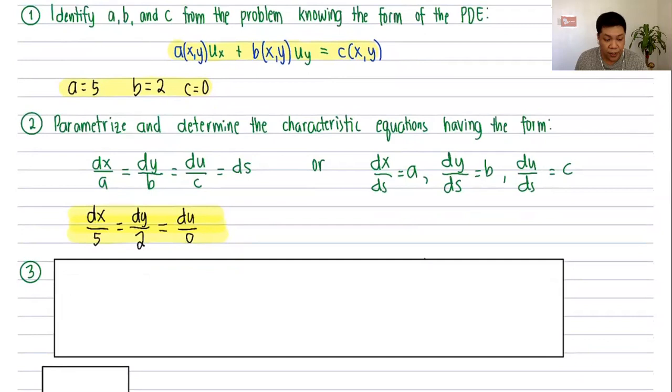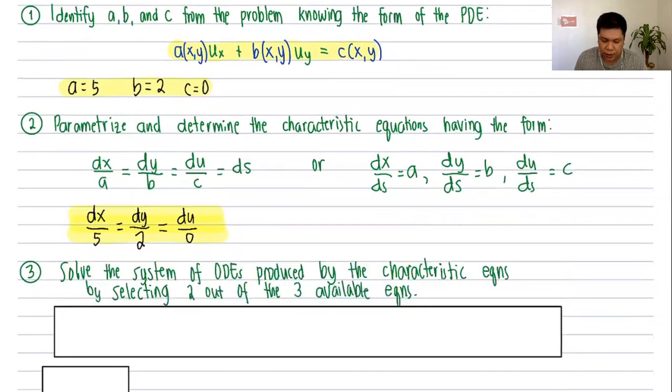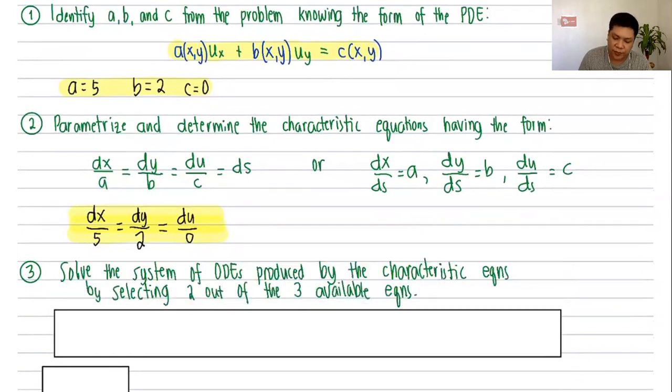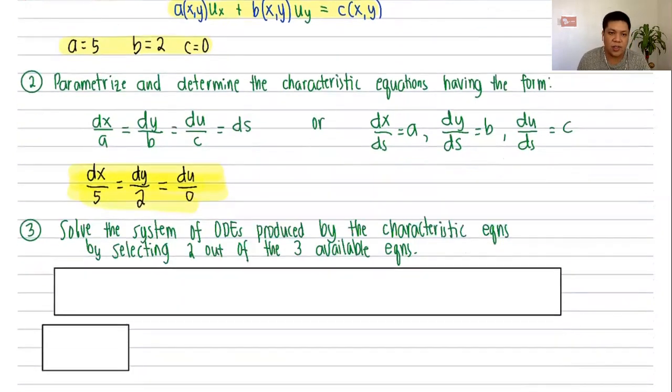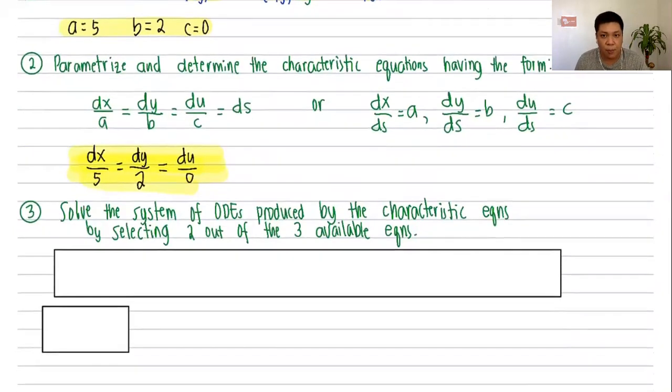The next step here is, from this equation written in the previous step, my goal is to now solve this system of ordinary differential equations produced by the characteristic equations by selecting 2 out of the 3 available equations. Why do we have 3 available equations from this one?